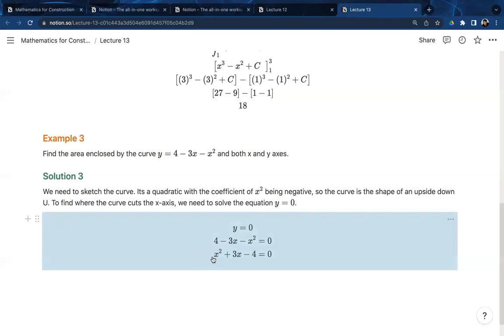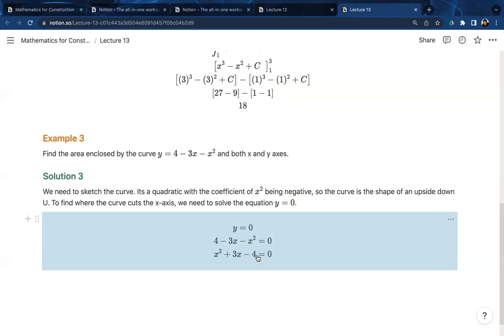This could factorize, to test that out. You multiply the coefficient of x squared by the constant term. So 1 by -4 is -4. And what factors of -4 add up to 3? The factors have to have different signs, like +2 and -2, +1 and -4, +4 and -1, right?